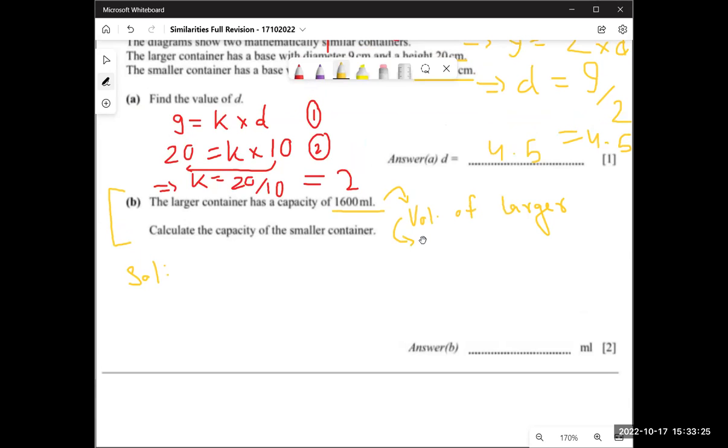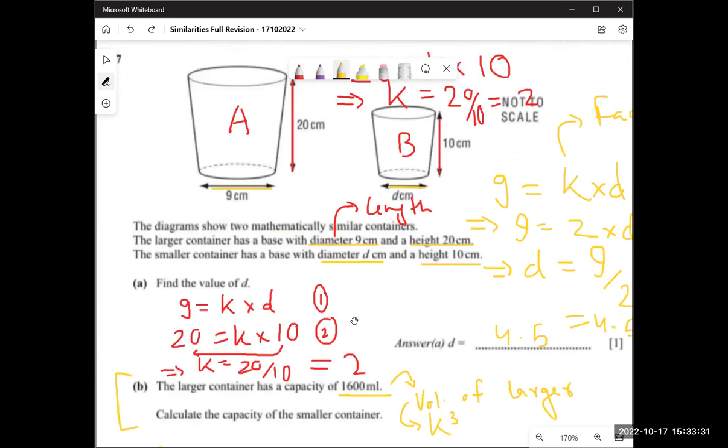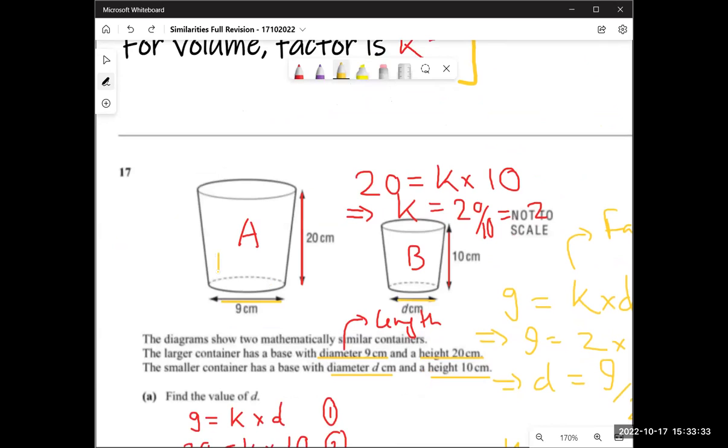K cubed. So the larger one has volume 1600, but I don't know the volume of the smaller one. Let's call it X.